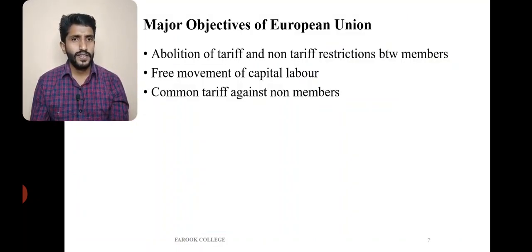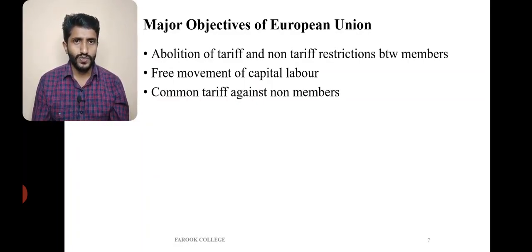So what was the aim, or what were the major objectives of the European Union? It is the advanced form of economic integration, and they have reached that advanced form.